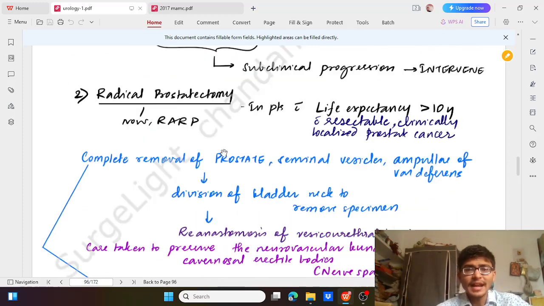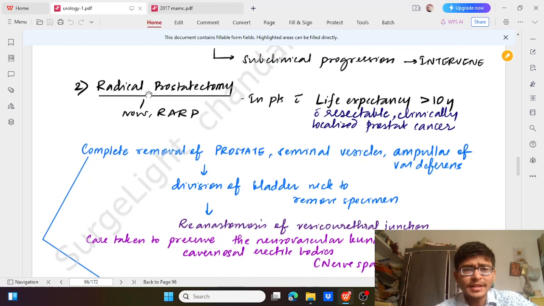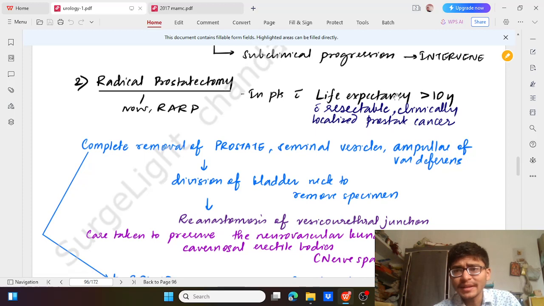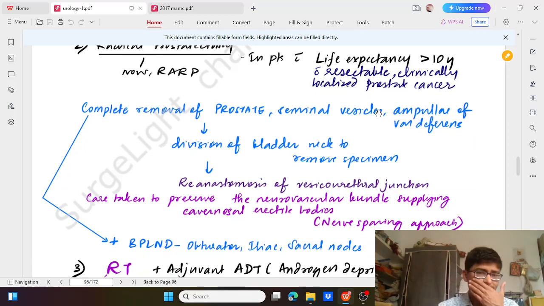Then we go ahead with radical prostatectomy. It is now commonly done with the help of robotic assisted radical prostatectomy. Otherwise, it can be laparoscopic or open, in patients with life expectancy more than 10 years with resectable and clinically localized prostate cancer.